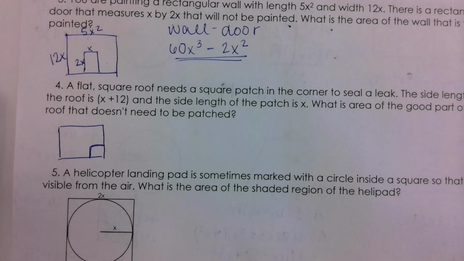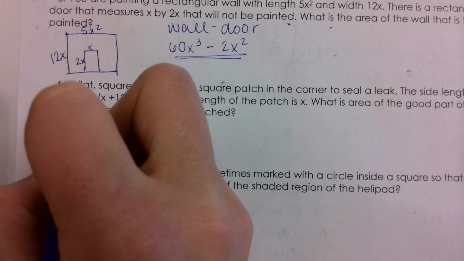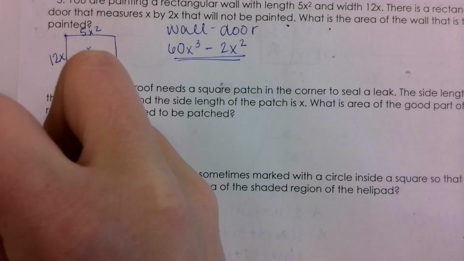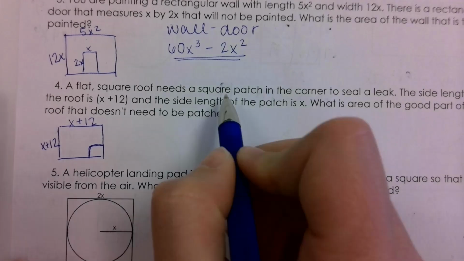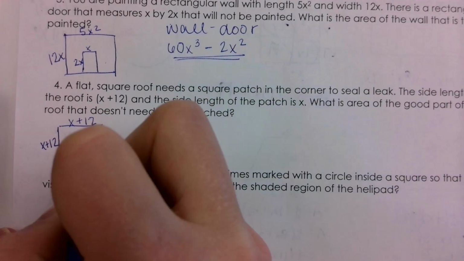The side length of the roof is x plus 12. Since it's a square, what's the other side going to be? X plus 12. The side length of the patch is x, so our patch is also a square. So if one side is x, what's the other side going to be? X.